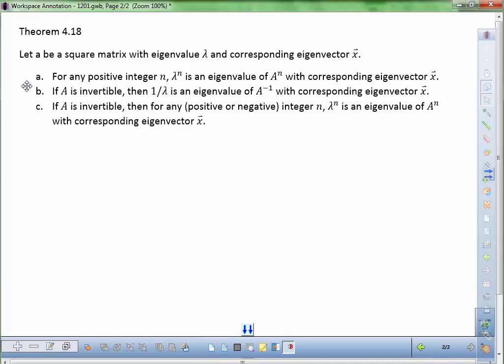So I think it'd be nice if we do an example of this. Let's do it for a 2 by 2 matrix that we can easily compute. And let's see, I don't have any examples.